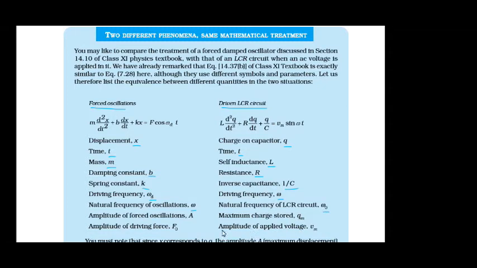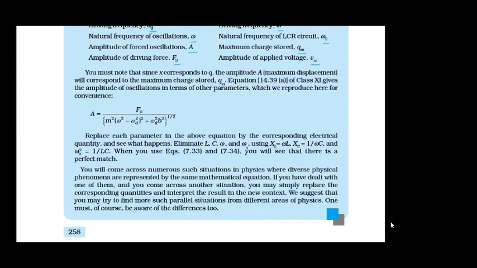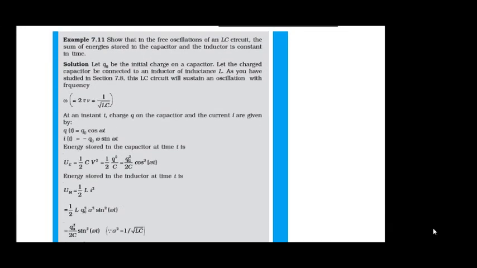The amplitude of forced oscillation A corresponds to the maximum charge stored Qm. The amplitude of the driving force F naught corresponds to the amplitude of applied voltage Vm. So these are the physical quantities which can be written as equivalent to the mechanical physical quantities.